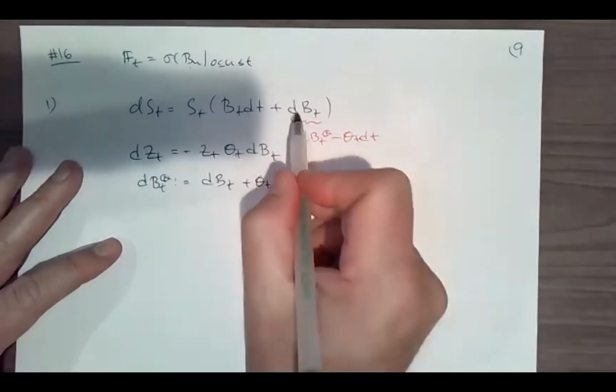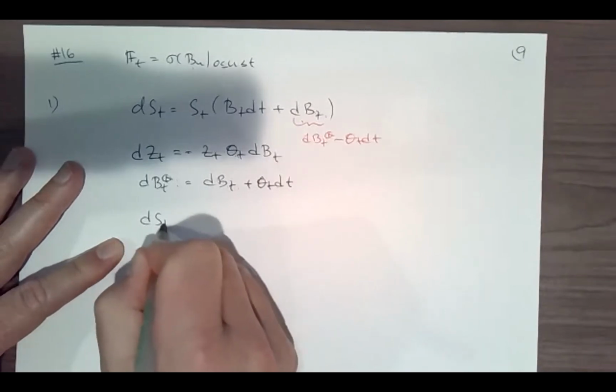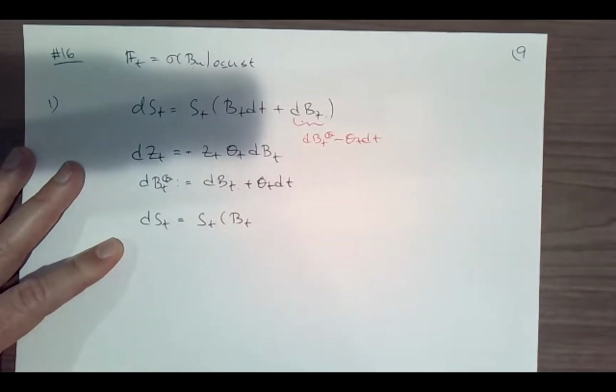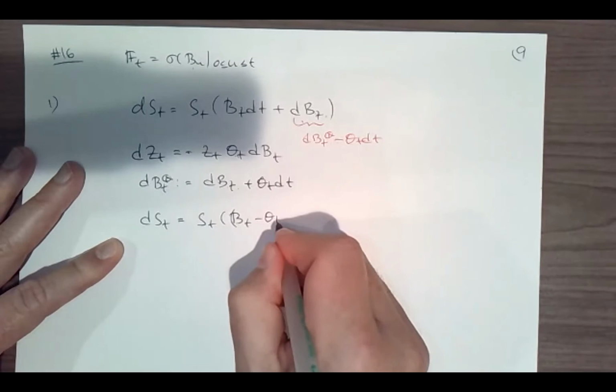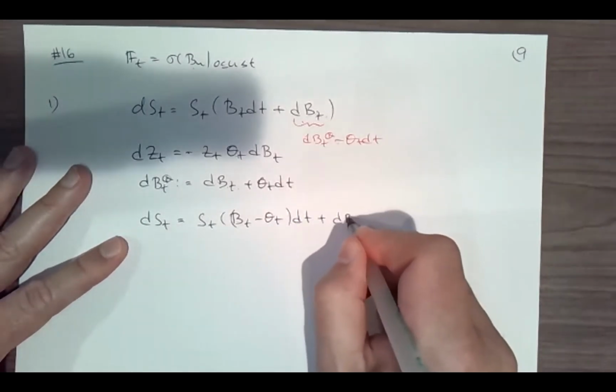Right, so these are the P dynamics because this is a P Brownian motion. Now I'm going to write down the Q dynamics. This is S_t, and then it'll be B_t, and then there'll be a minus of theta, and then I'll have plus dB_t^Q.